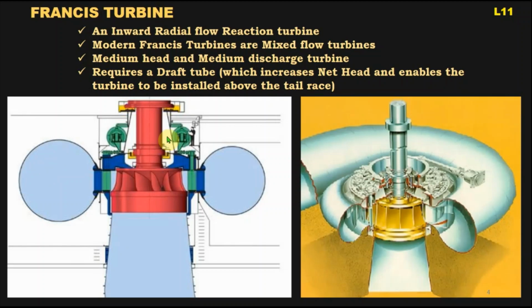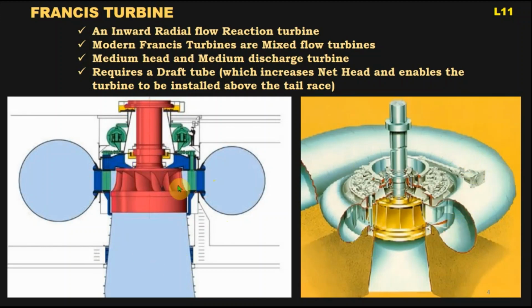In this sectioned view of the Francis turbine, you can see the casing. These circular shapes represent the casing, which has essentially the shape of a spiral, which is also called a scroll casing, spiral casing, or even volute casing.